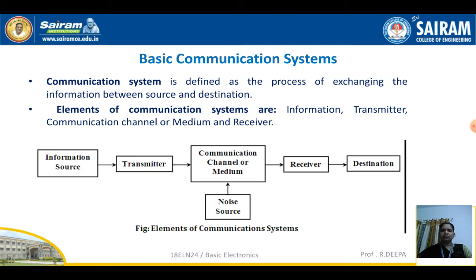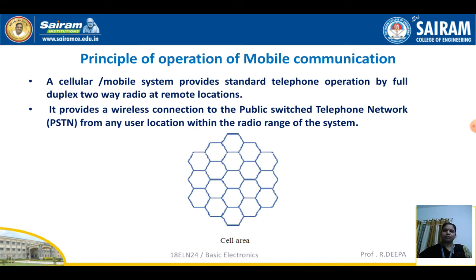There can be some sources of noise which may combine while transmitting, and there should be a receiver part to receive the data from the transmitter, and then it reaches the destination. So these are the various elements of a communication system.